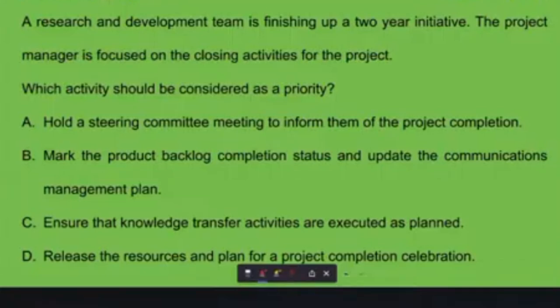Mark the product backlog completion status and update the communication: this is totally eliminated as the communication management plan is already executed and we are already in the closing phase.